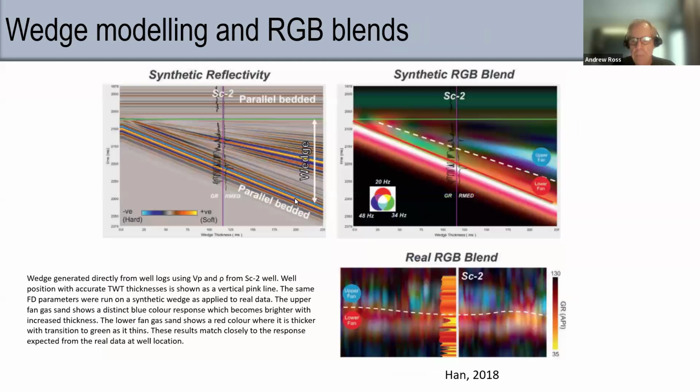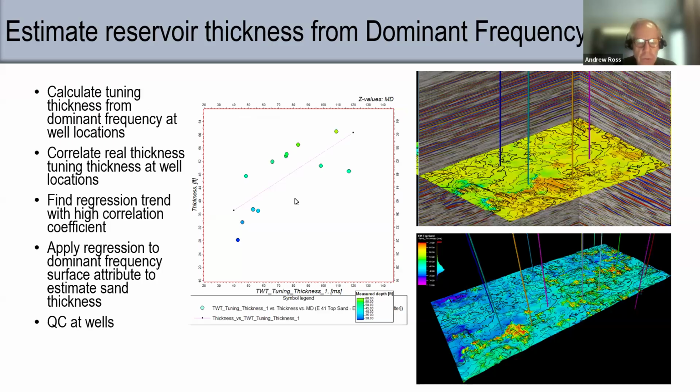Another thing we can do is try and use the well data and attributes. This is just an example of a simple workflow where I've got a bunch of wells where I know what the real thicknesses are, and what I can do is calculate a bunch of different seismic attributes, and then see if they correlate with the thicknesses.